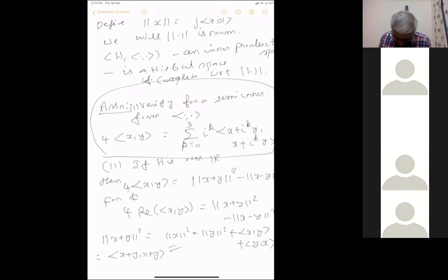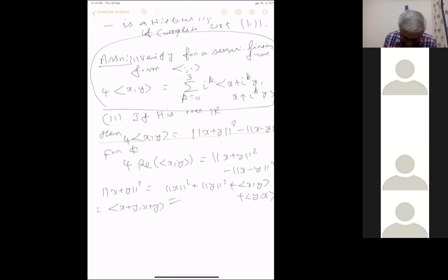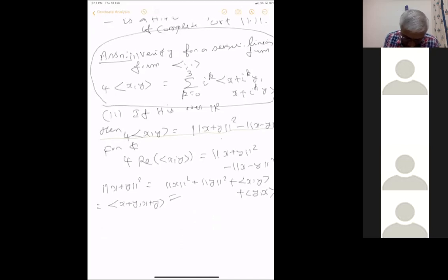No, this for reals is fine. Oh, sorry, I changed it in the wrong place. The assignment is for a sesquilinear form. Even if it is a real sesquilinear form, it satisfies this. But for a complex inner product, this is for a semi-inner product.